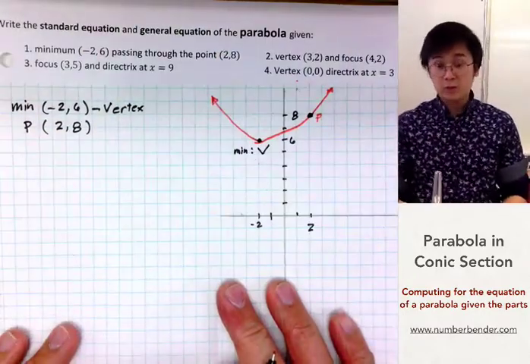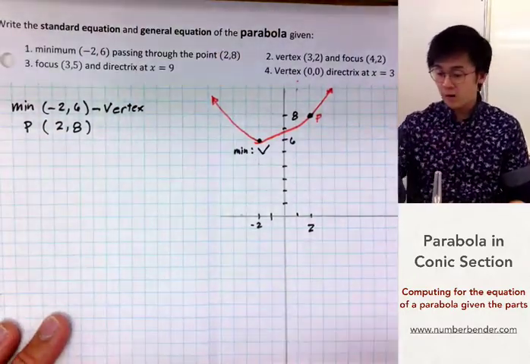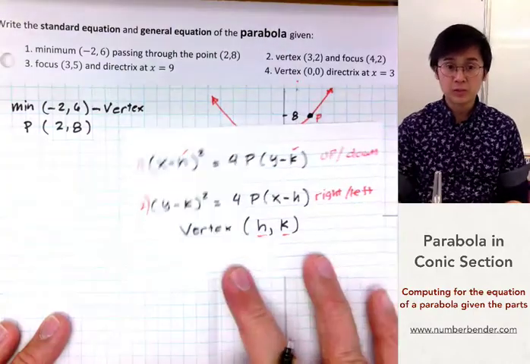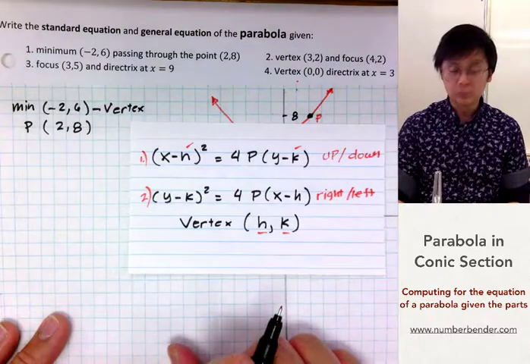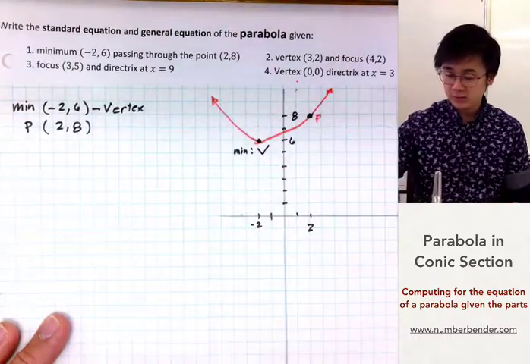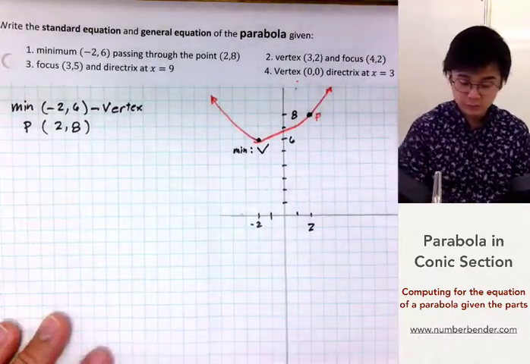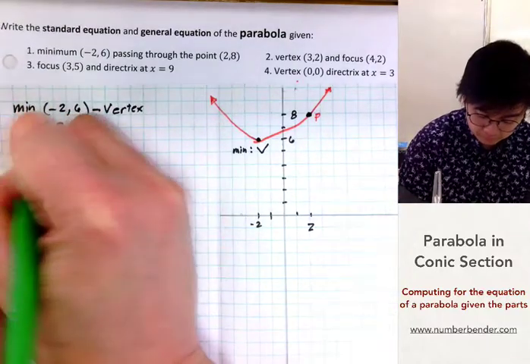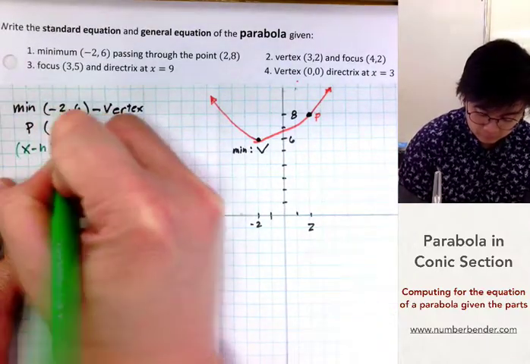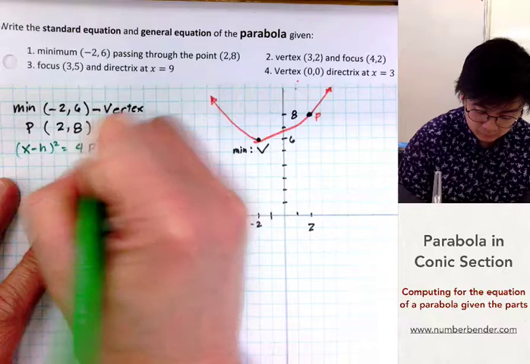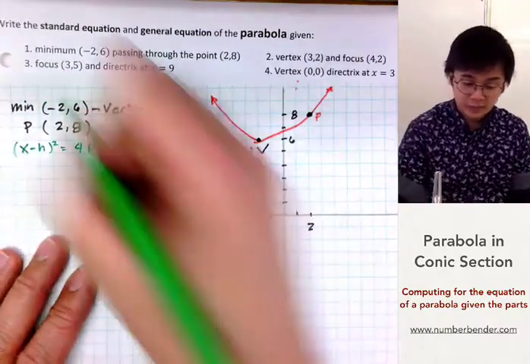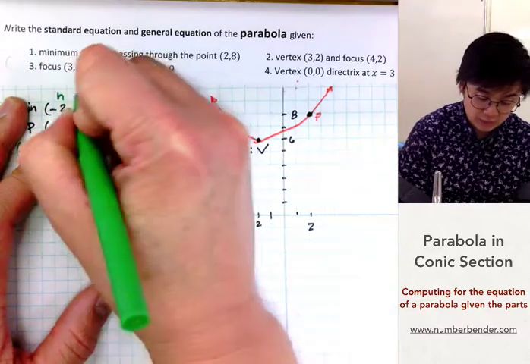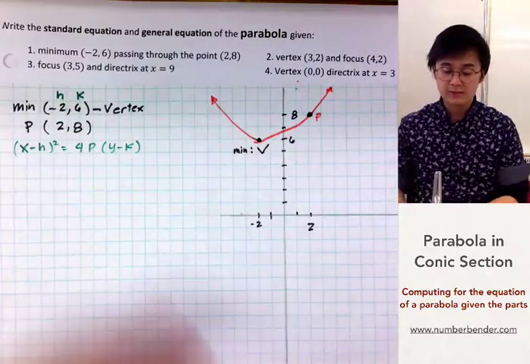And since we know that the parabola is opening upwards, from the two formulas that we have, we're going to be using (x minus h) squared equals 4p(y minus k). So let's go ahead and write out the formula that we're going to use. And in our vertex, we know that this is our h and this is our k value.